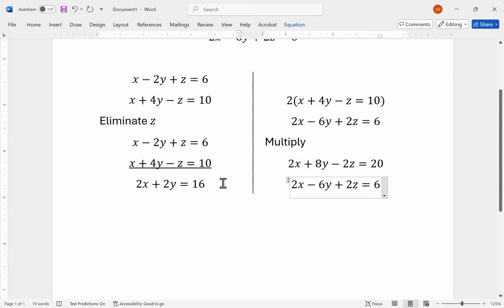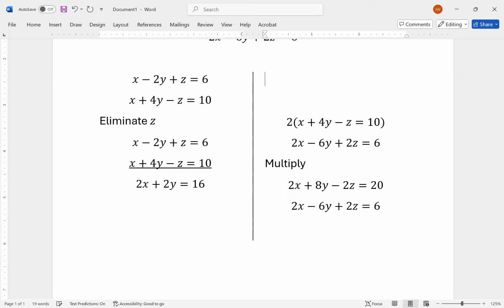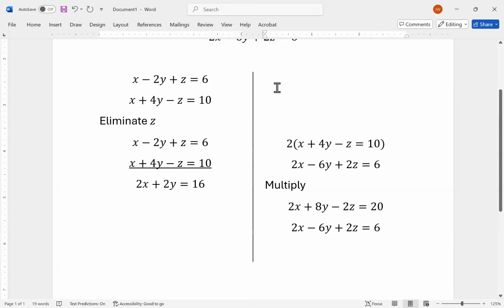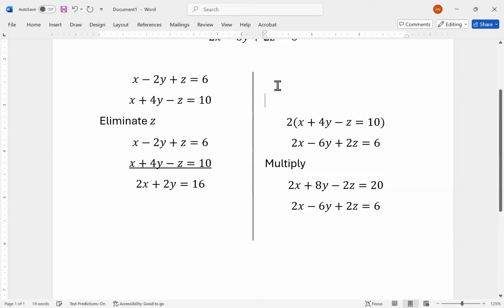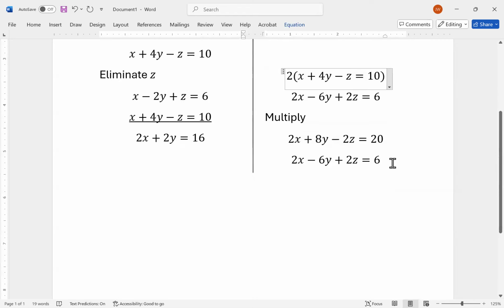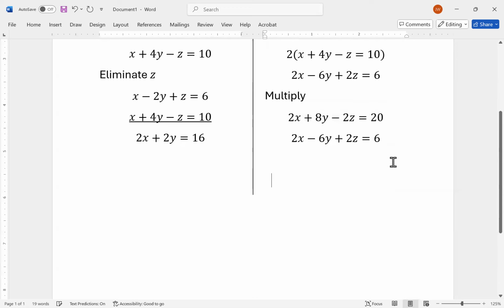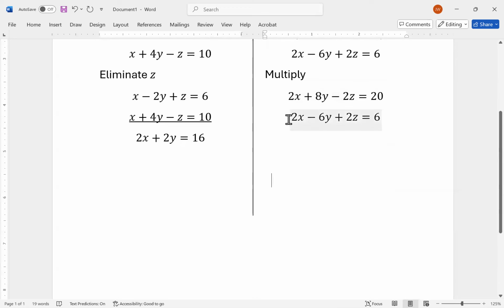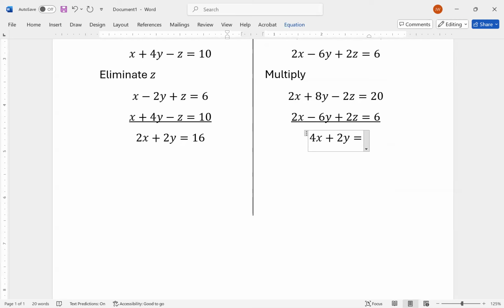And now I'm ready to add those two together. That gives me 4x plus 2y is equal to 26.